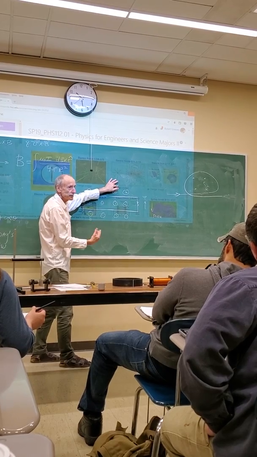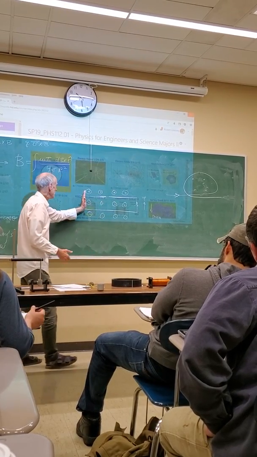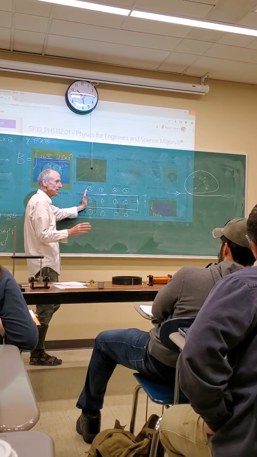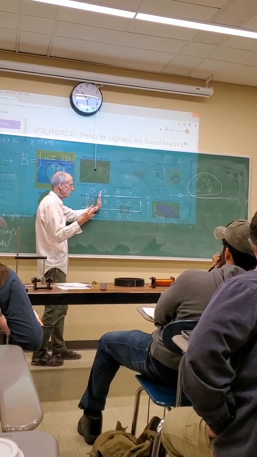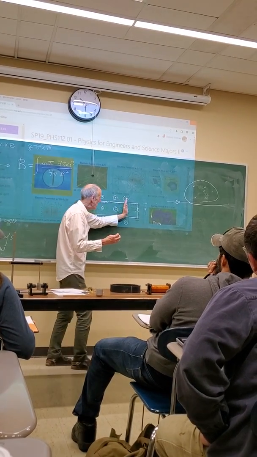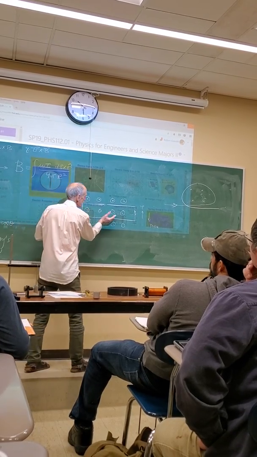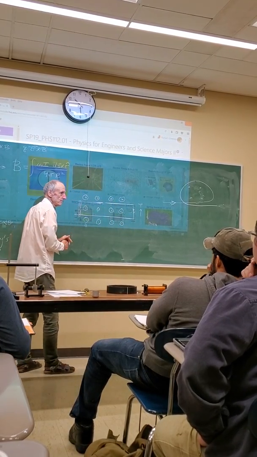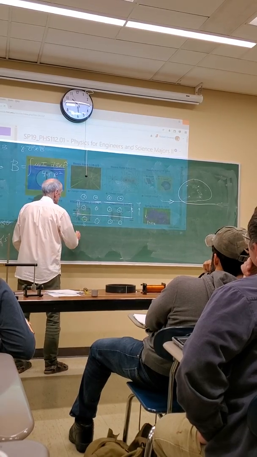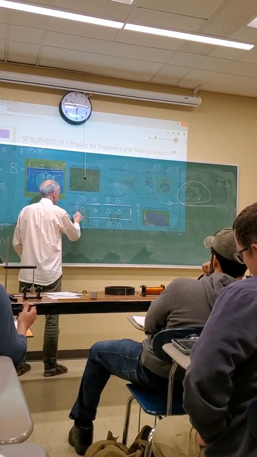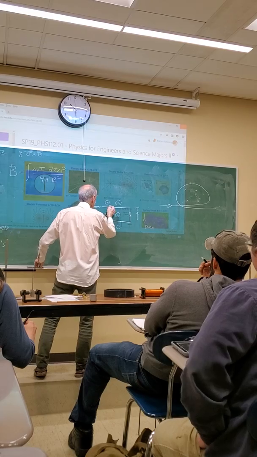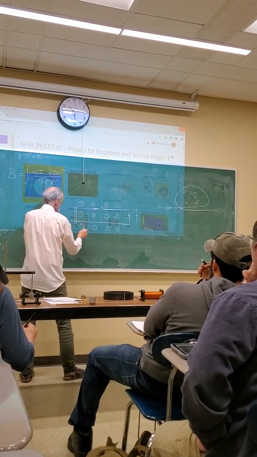So those are field lines, but that's not part of the flux. If we were to say, okay, what's the flux now? It's 4, 3, 2, 1. It's going down. So the current goes up as I slide this way, right?